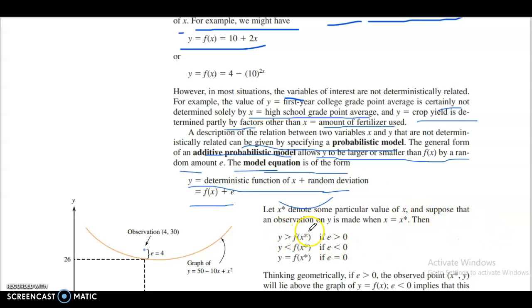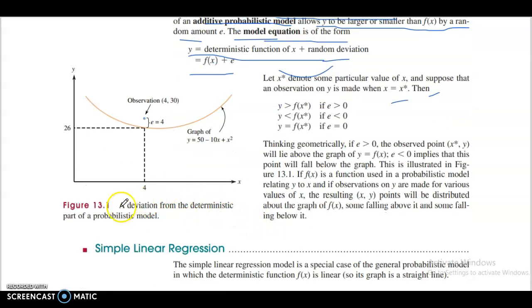Then y is greater than f of x if e is greater than 0, y is less than f of x if e is less than 0, and y equals f of x if e equals 0. Thinking geometrically, if e is greater than 0, the observed point x comma y will lie above the graph of y equals f of x.